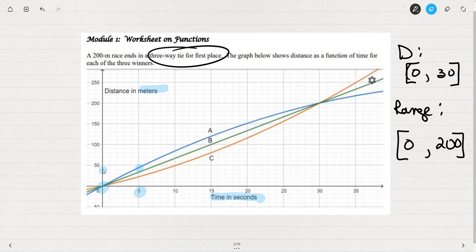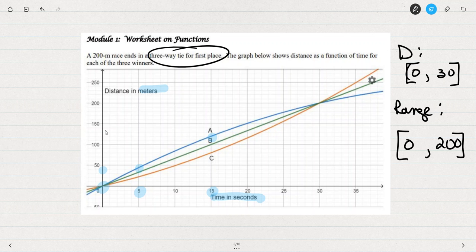I want to call it 40. So in 5 seconds into the race, runner A, the blue runner, had gone 40 meters. When we get to 15 seconds, we can see that runner A had gone 2 marks above 100, and each mark is representing 10 meters, so 110 meters, and so on.